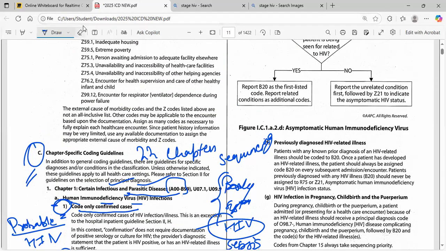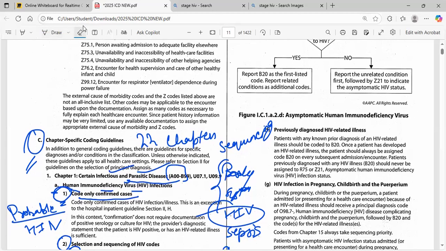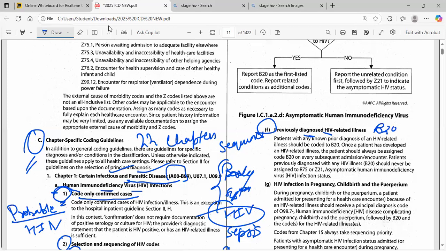Next guideline we have is previously diagnosed HIV related illness. So once the patient is diagnosed with an HIV related illness, that means the patient is getting symptoms or an illness which is related to the HIV. In those cases, we have to use B20.